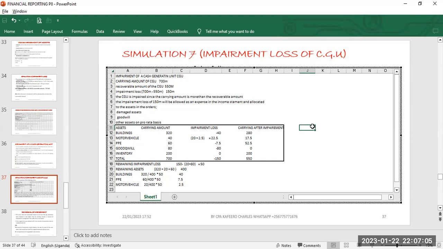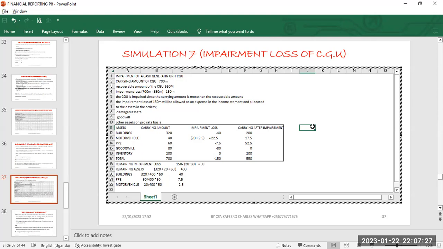Then in the next one, we are going to be looking at the one that is closing our impairment loss, impairment of asset, that is IAS 36. This will look at the reversal of impairment. What do we mean by reversal of impairment?